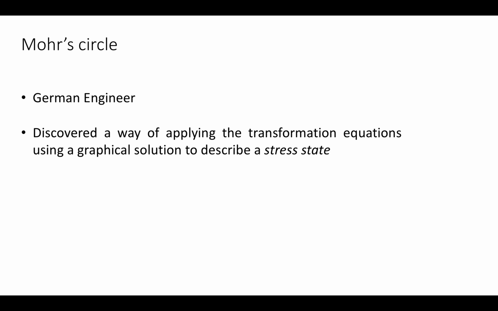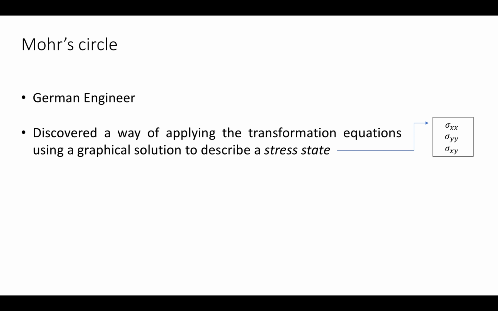So now I'm gonna talk about the Mohr circle. Mohr was a German engineer. He basically realized that when you write the equations to transform the stress by rotating the stress elements, you get equations that look like a circle, the equations of a circle.